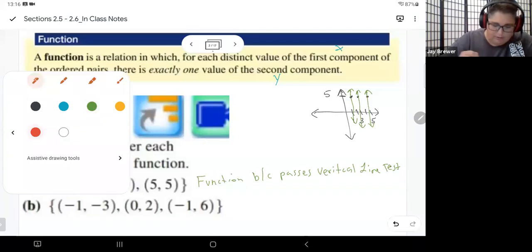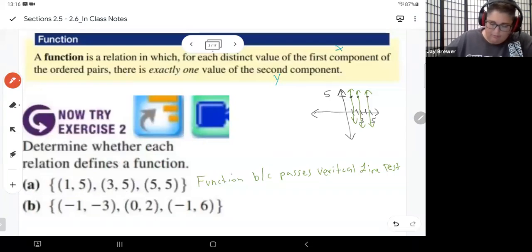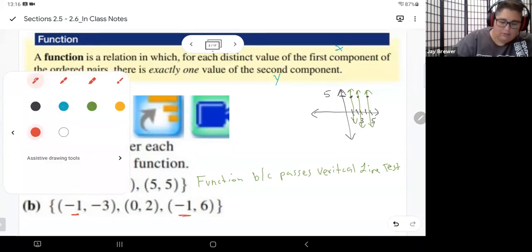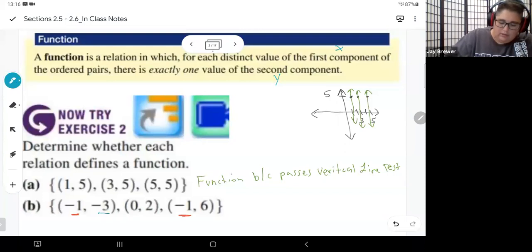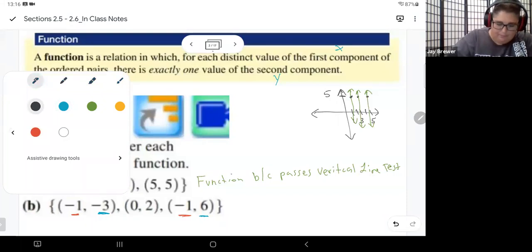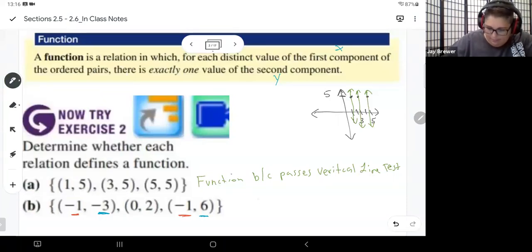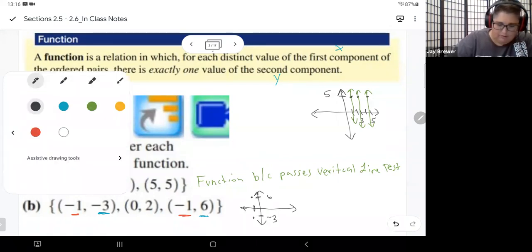Now, the second one, what do we notice here? We have a -1 in the x and a -1 in the x, but the corresponding y's, we have a -3 and a +6. So if we drew that out, we'll say this is -3 and this is +6. What do we notice if we draw a vertical line here?